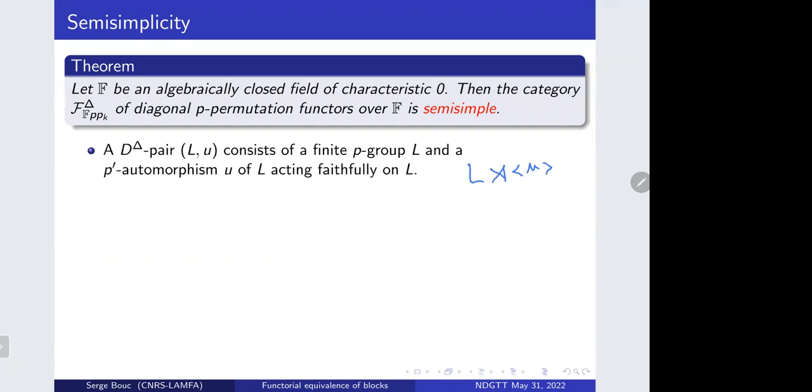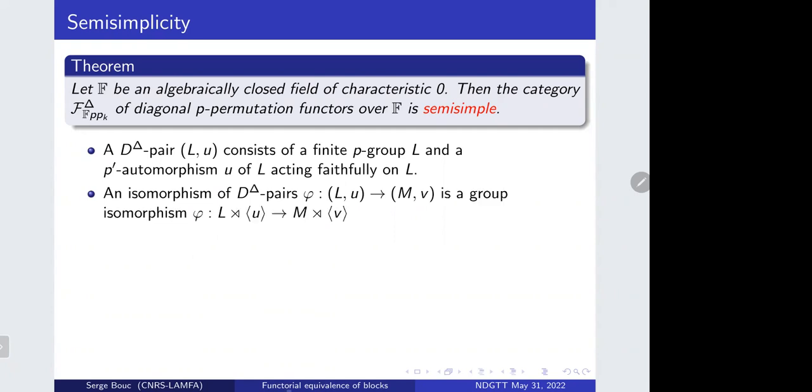And this leads to the notion of isomorphism of such pairs. So an isomorphism of the delta pairs (L, u) and (M, v) is actually a group isomorphism from L⋊u to M⋊v, which in addition sends u to a conjugate of v.